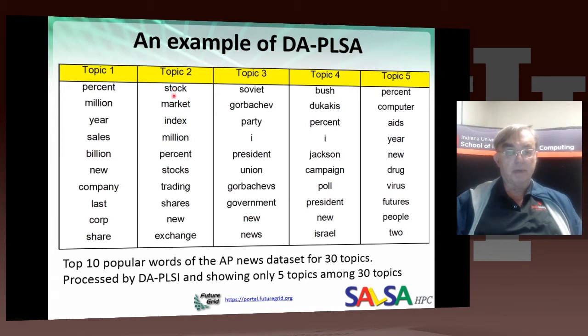Here's a topic with something to do with the stock market. Here's one which has something to do with Russia and governance. Here's something to do with presidential elections. And you don't start off by feeding in these topics, they just come out automatically from decomposing the documents into a set of topics. So these are important data analytics algorithms, LDA and PLSI and things like that.